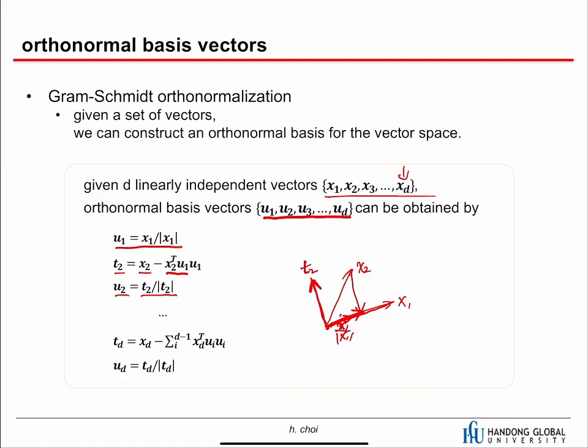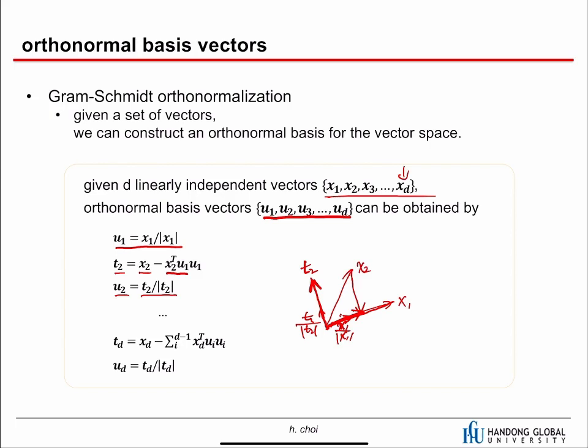Okay, and then u2 is this one. Okay, so in two-dimensional space, I just showed you how to get two orthonormal basis vectors. If it is d-dimensional space, then we have to keep doing this again and again.